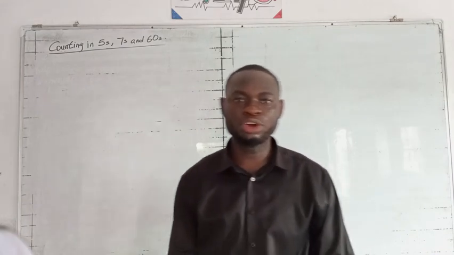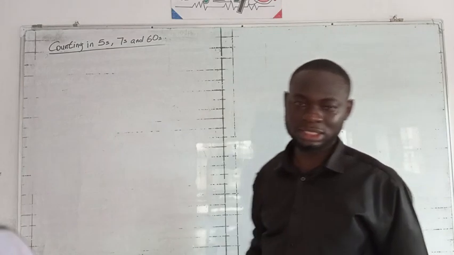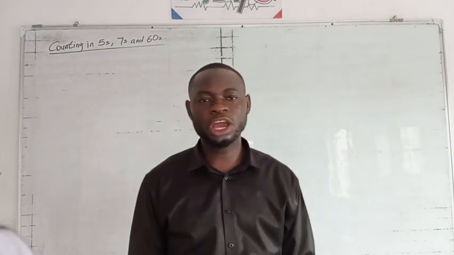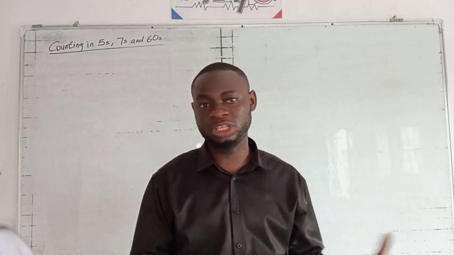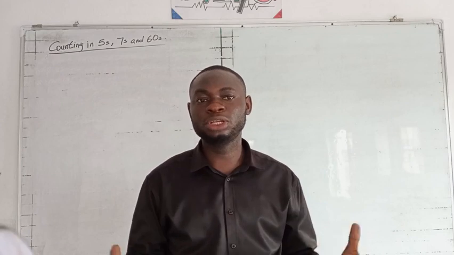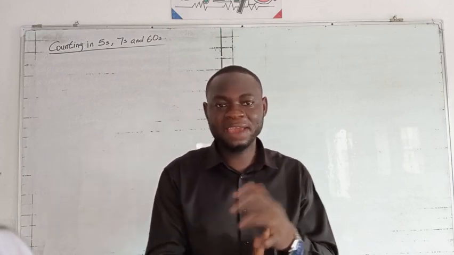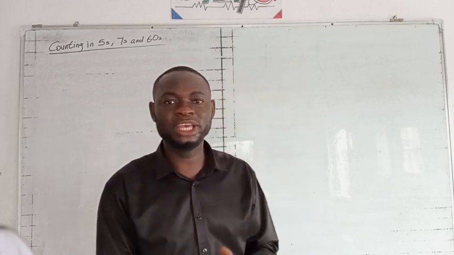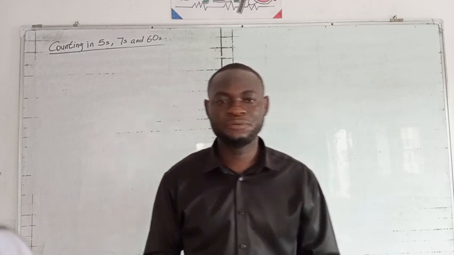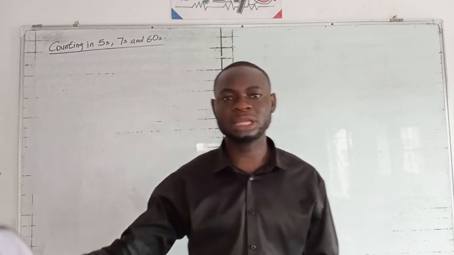So today, we are going to learn counting in fives, sevens, and sixties. It's just like our normal skip counting, but here we are going to apply it to daily activities. In counting in fives, we skip count by 5: 5, 10, 15, 20, 25, 30, 35, 40, 45, 50, 55, 60, and it continues like that.